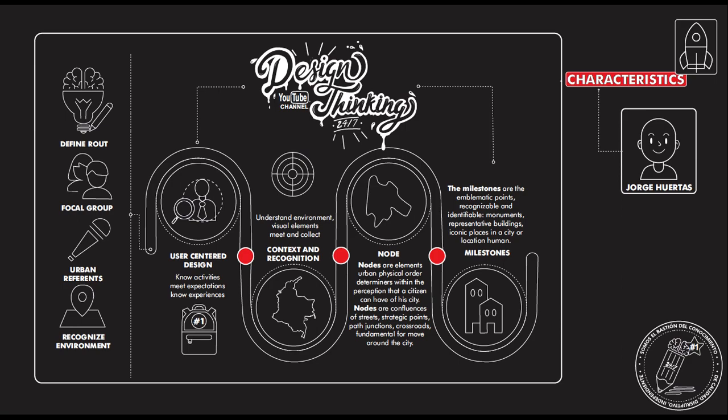So if I'm making an observation, if I'm collecting information, I need a clear idea of the environment and the behavior that people have around their neighborhood, their city, or their context. So it's very important that we keep that in mind.